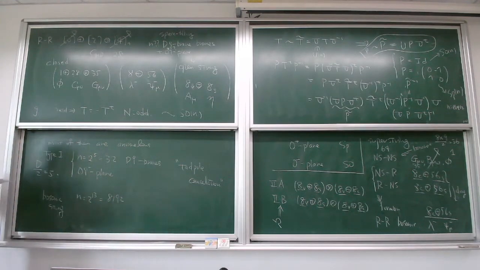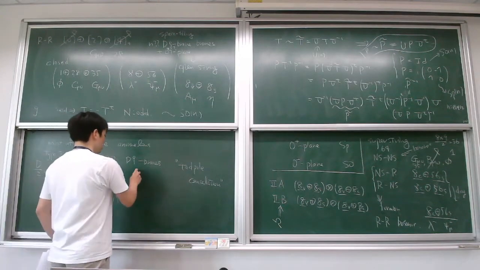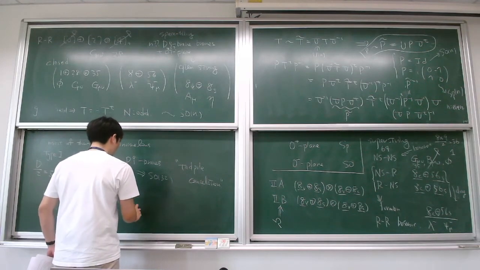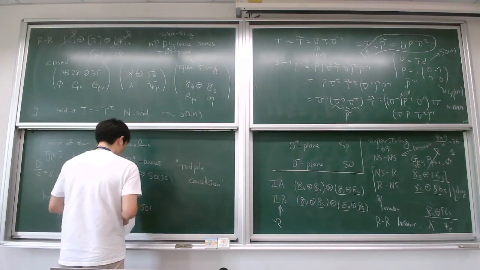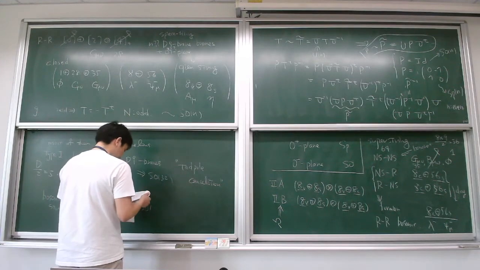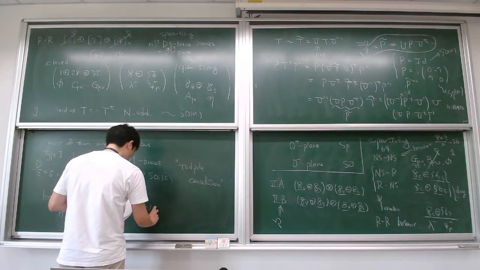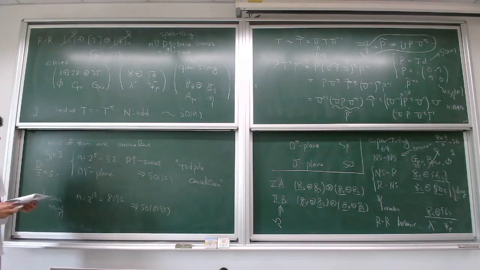So bosonic string, it's only SO. This will give you SO(32) for the superstring, and SO(8192) gauge group for bosonic string. That's what you're going to see.